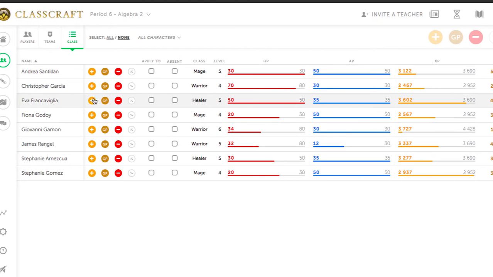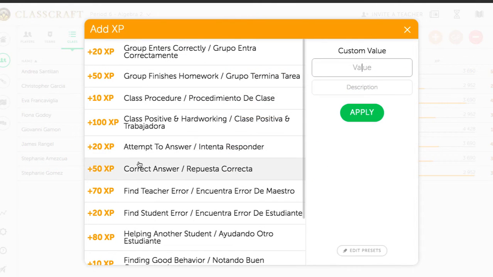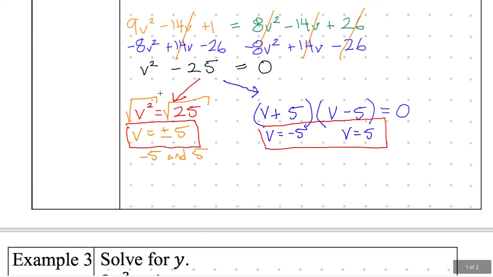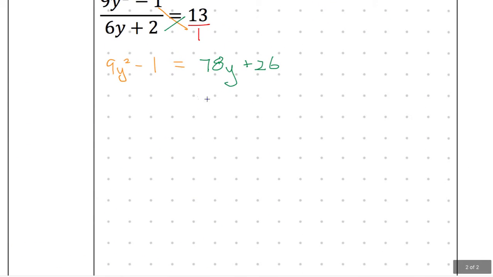And now Fiona is going to do the rest of it for us. Go for it, Fiona. So we're going to try to move everything to one side, just like we did with this last problem. Yes. So you're right in thinking you can subtract 9y squared, but don't write it down, everyone.